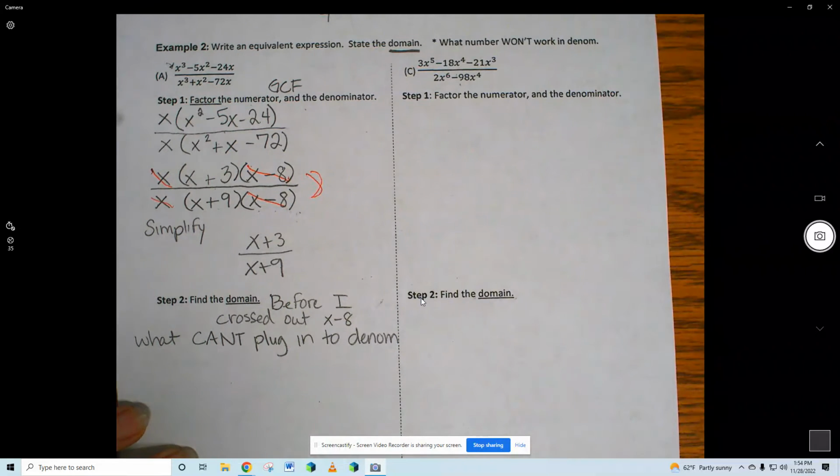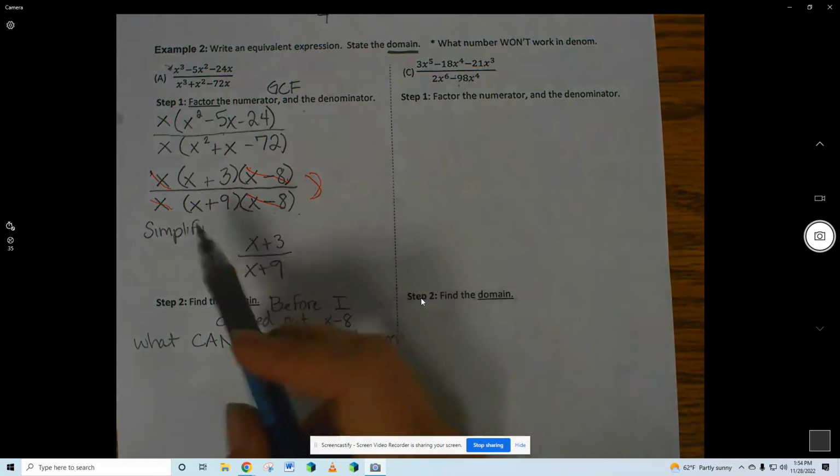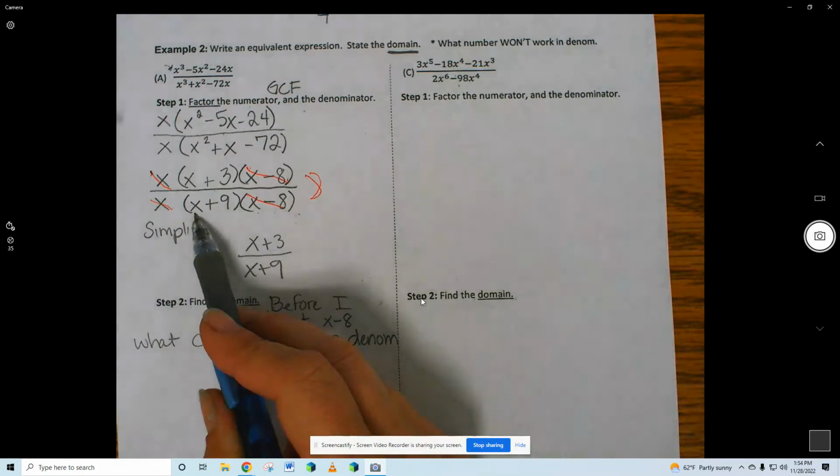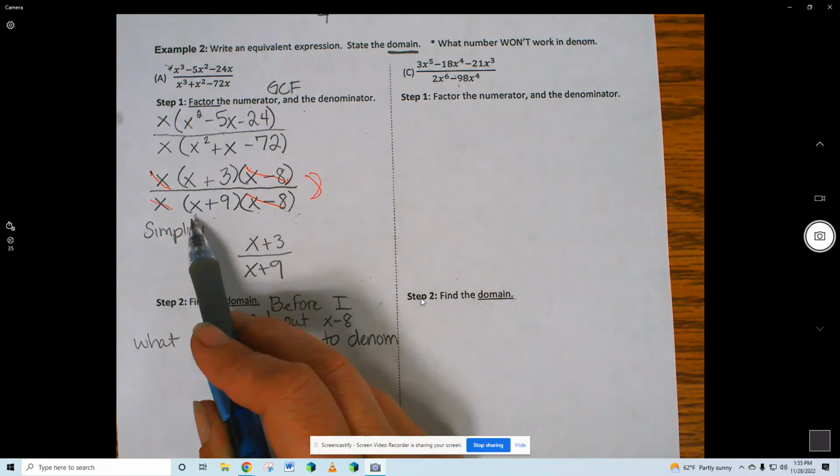Because, yeah, I cancel that x minus 8, but that's still part of the answer. If I go back up to here, x cubed plus x squared minus 72x, I'm going to set everything equal to 0 to figure out what the denominator cannot be. Like, if I put negative 9 right here, then that would make a 0. And so I cannot have a negative 9 as one of my numbers.